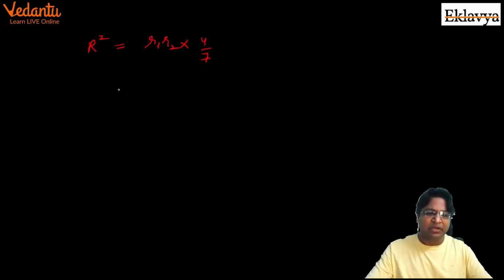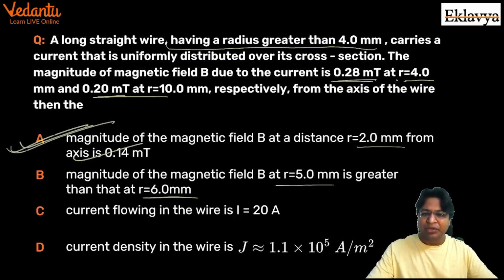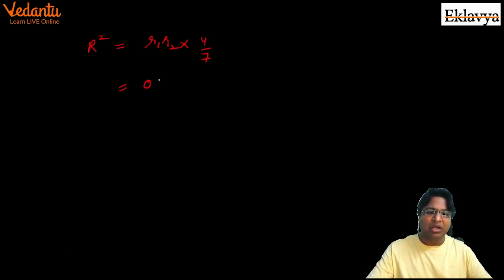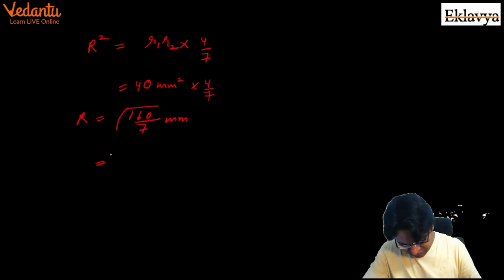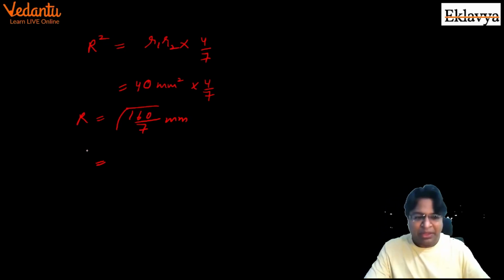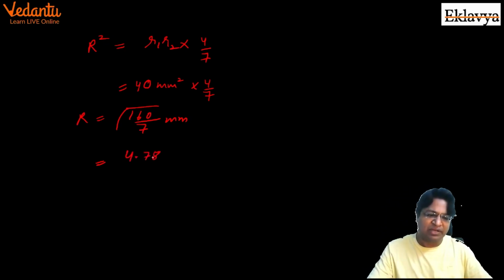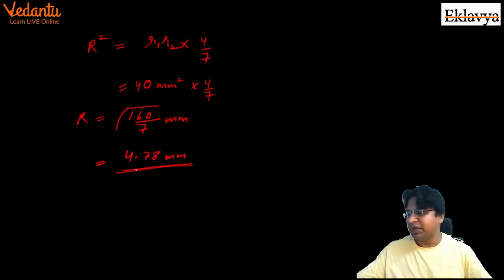R1 was 4 millimeter and 10 millimeter, so R1 R2 product is actually 40 millimeter square, into 4 by 7. So R would be root of 160 by 7 millimeter. Taking root of that, we end up with a value which is 4.78 millimeter. So this is the value of capital R that we are getting.